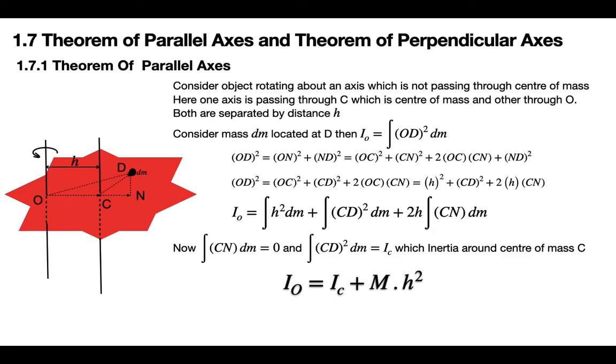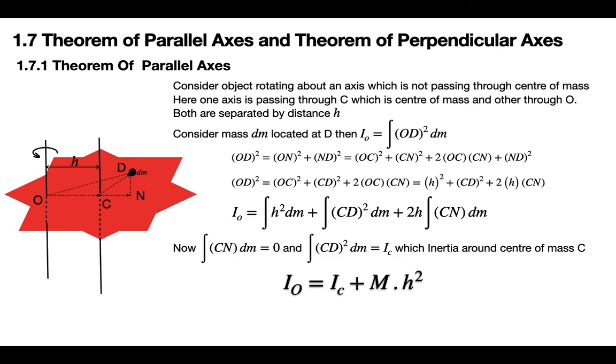So if you know the moment of inertia of any object around the center of mass, then you can calculate the moment of inertia of that particular object around any other axis which is parallel to the axis passing through the center of mass.